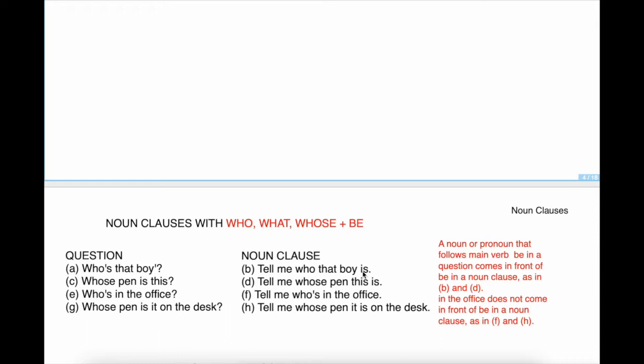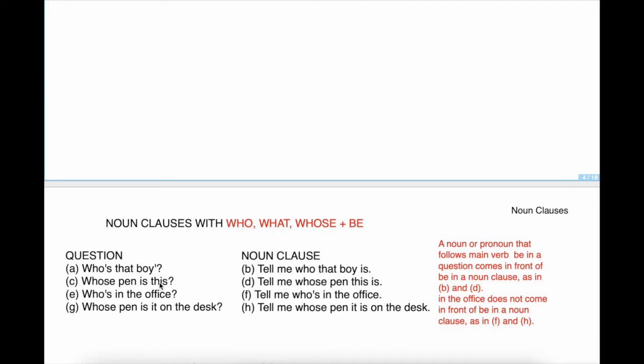This is the noun clause, and it should be in regular form, not question form. In the question, is is used just before that boy, but here we need to use is at the end, after the boy. Tell me who that boy is.